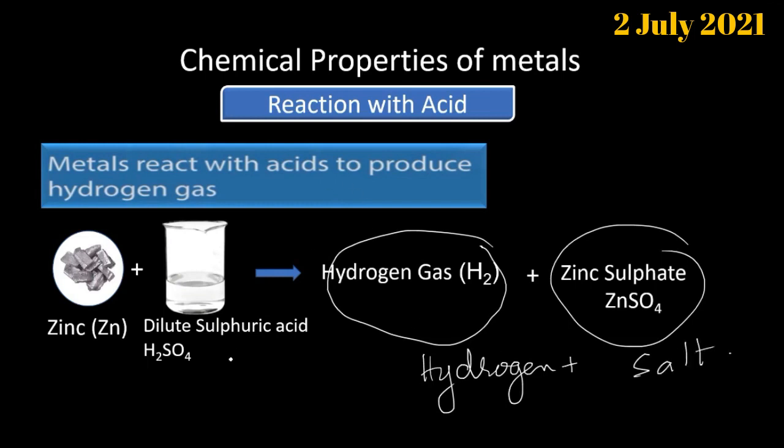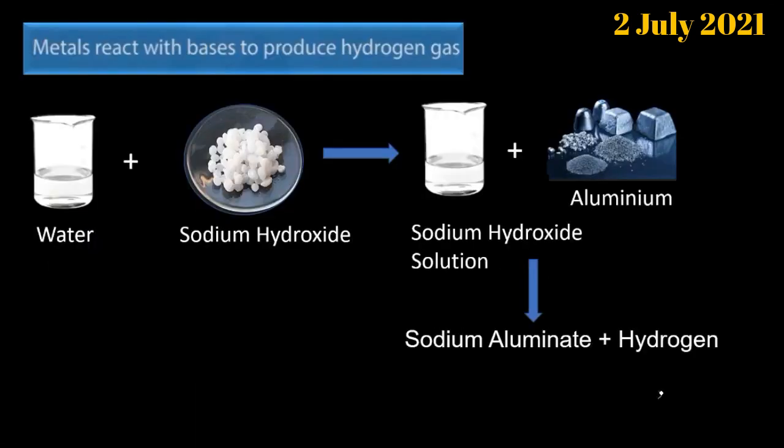Right? So with acid, when metals react, they give hydrogen gas and salt. And finally we have studied that when metals react with base, again they produce what? Hydrogen.